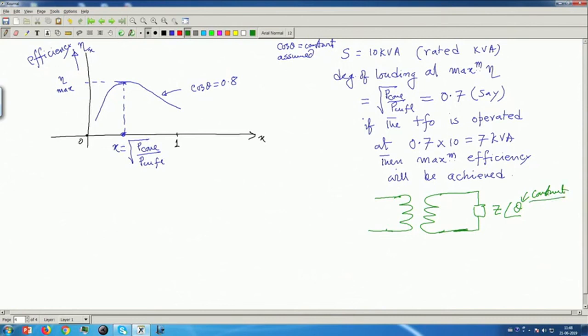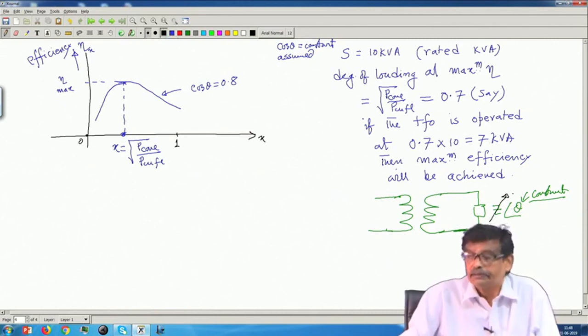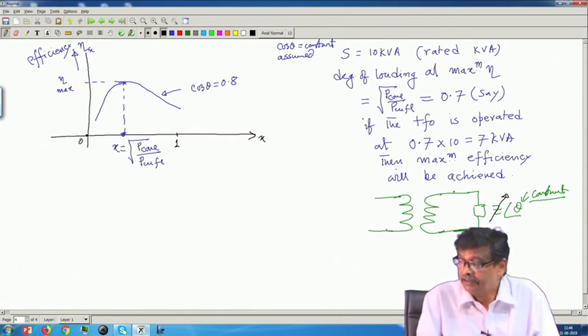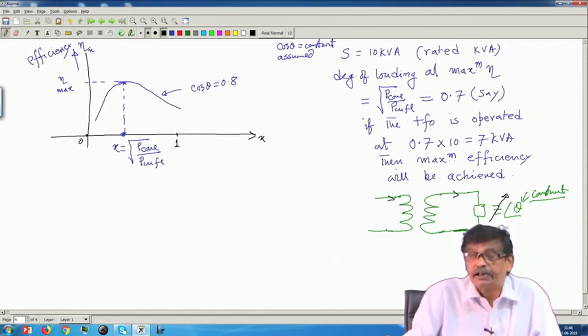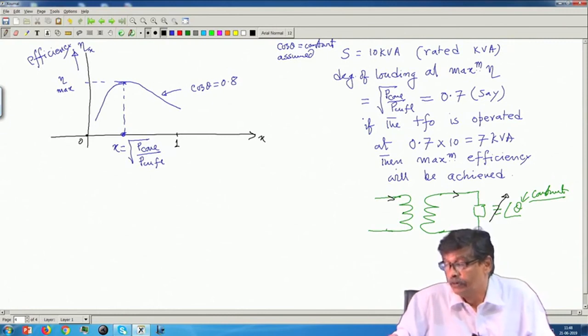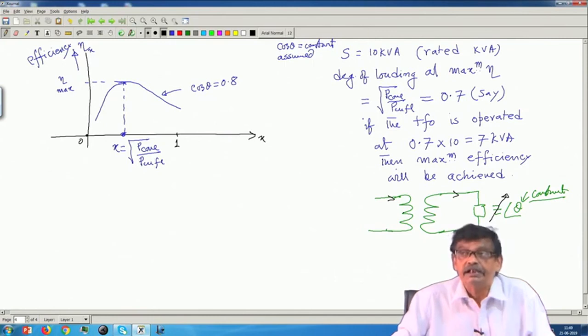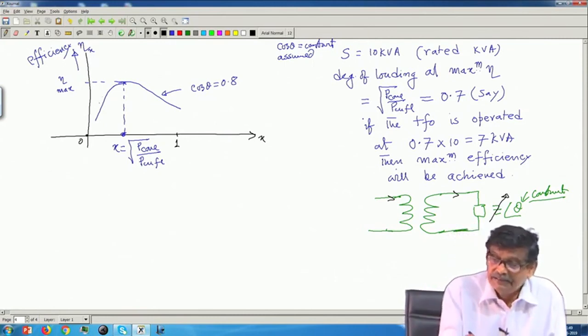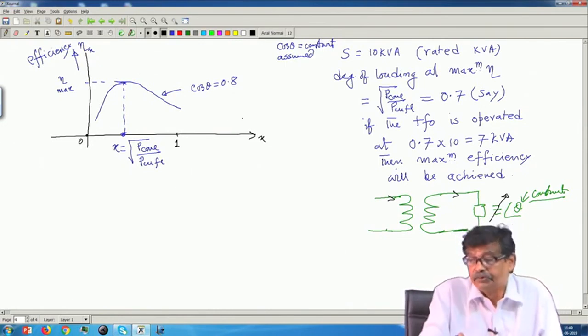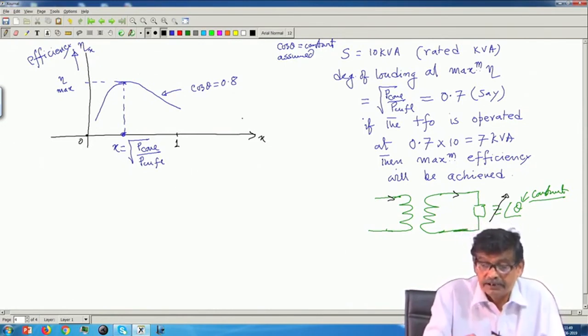That is what it means. You vary Z, that can be done keeping theta constant, and then you will get different current as the value of Z will be different, but theta remaining constant. Therefore, this is the curve, and I should not forget at what power factor I am plotting this curve.